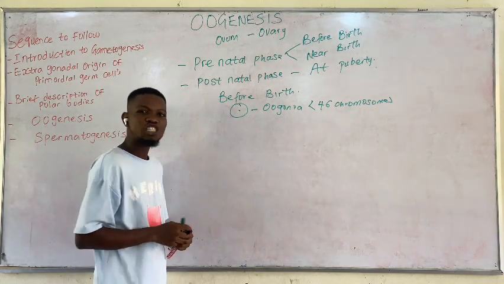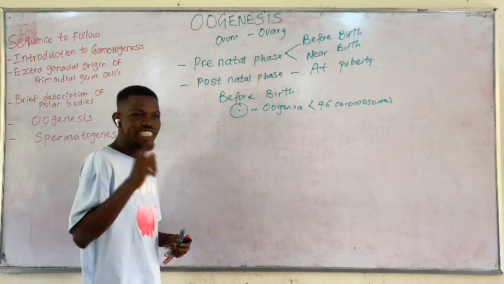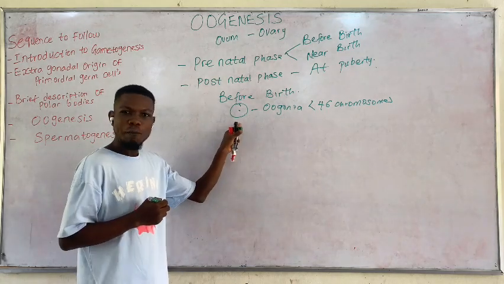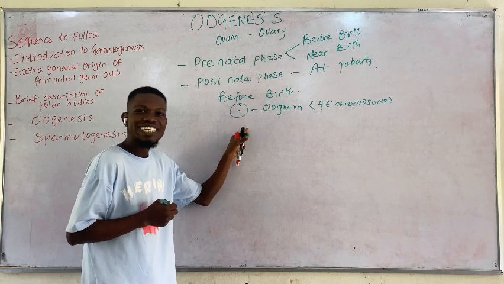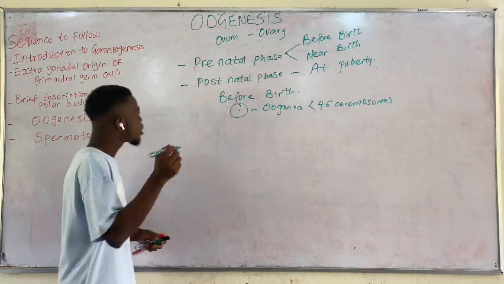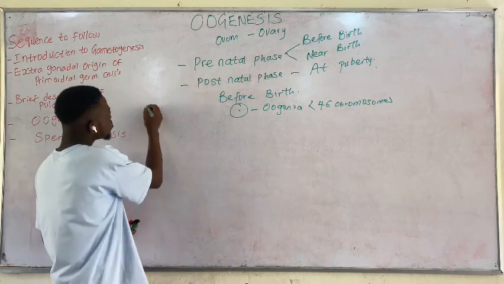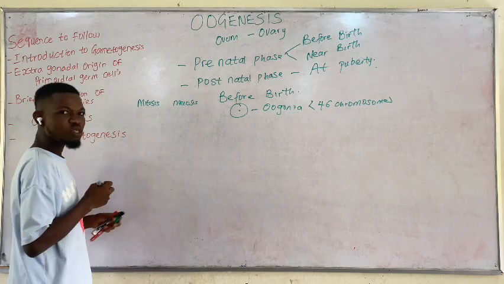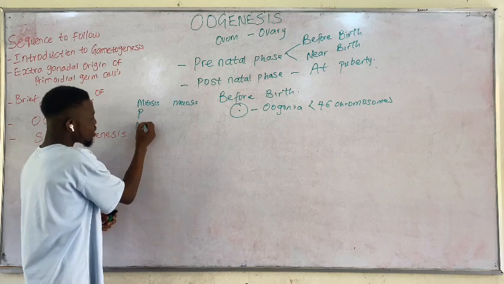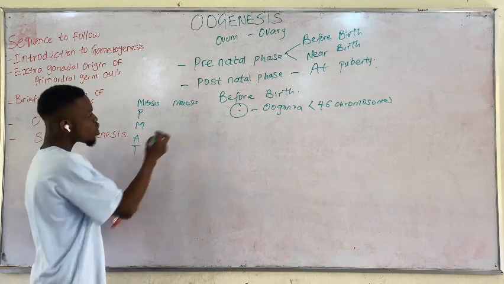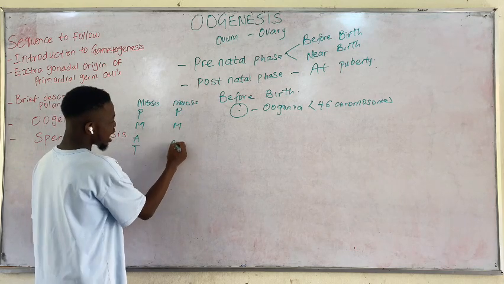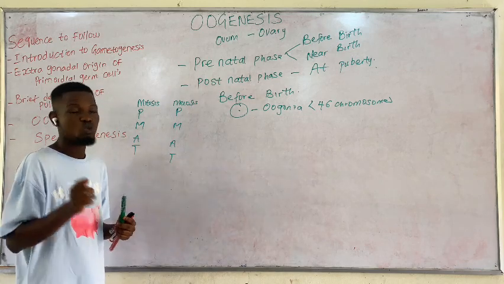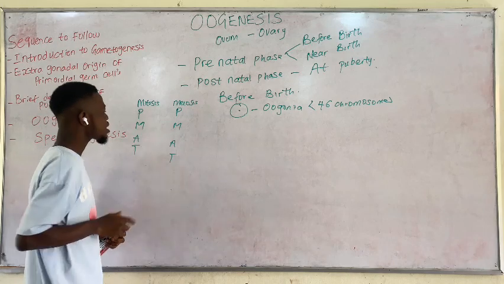You know, in cellular division there is mitosis and meiosis. In mitosis, we have the prophase, metaphase, anaphase, and telophase. In meiosis, we also have prophase, metaphase, anaphase, and telophase. If you don't forget, meiosis is divided into two, meiosis 1 and meiosis 2. That's what we're looking at in this process of oogenesis.